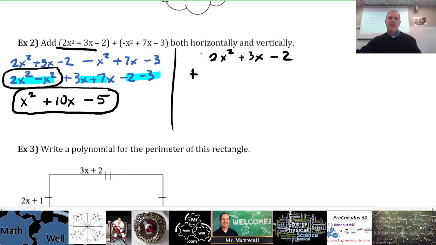So I have a negative x squared that I will write underneath this one, and I'll put my little line there so you can see where this is coming from. And then I have a plus 7x, so I'm going to put that here, 7x, and minus 3. All right, so all the like terms are in columns together.